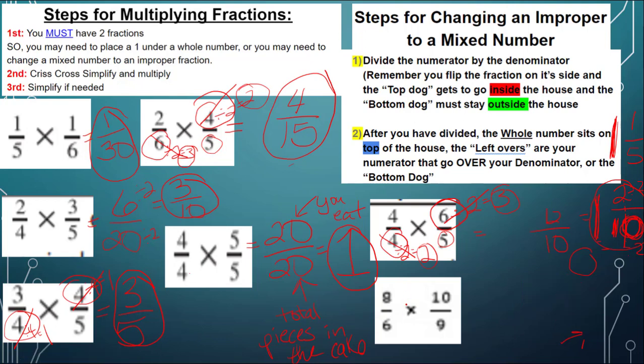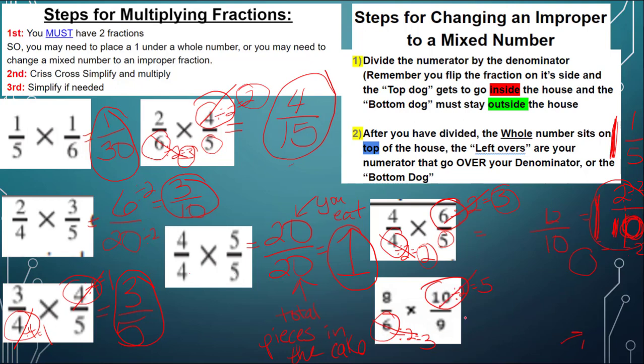Okay, let's do our last one here. We have 2 fractions. Let's see if we can crisscross simplify. We can crisscross simplify this 6 and the 10 because they're both even. They both can be divided by 2. 6 divided by 2 is 3. 10 divided by 2 is 5.